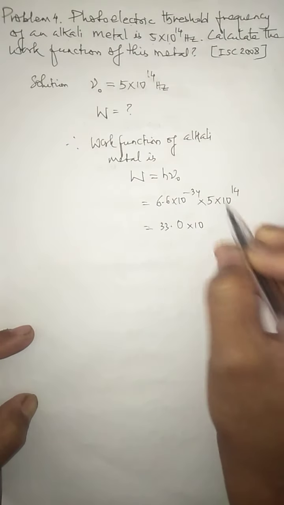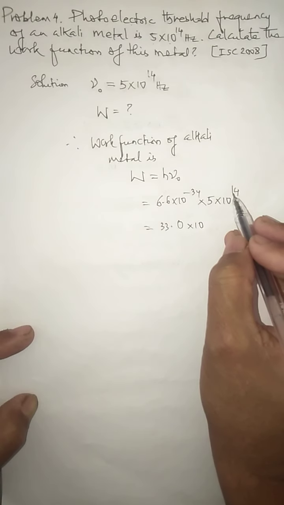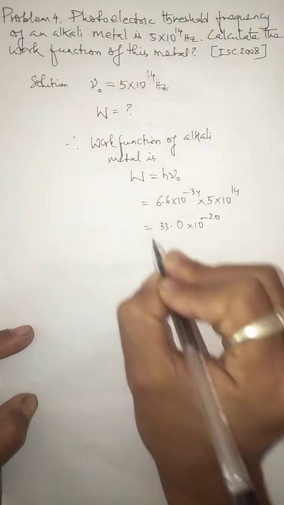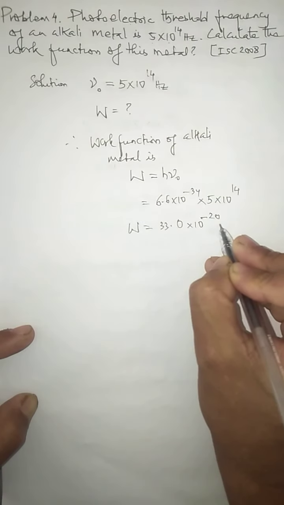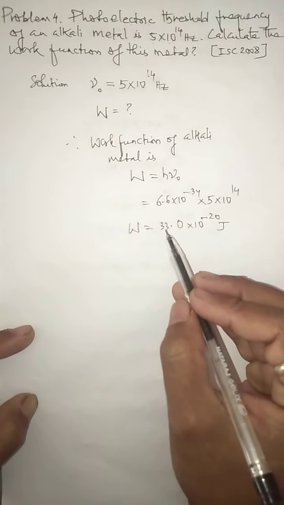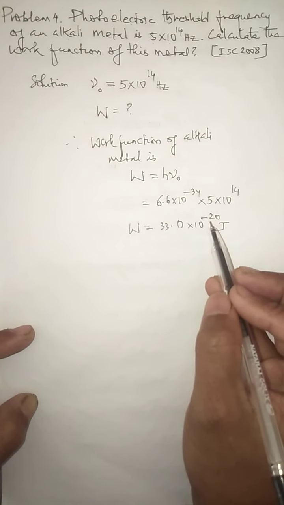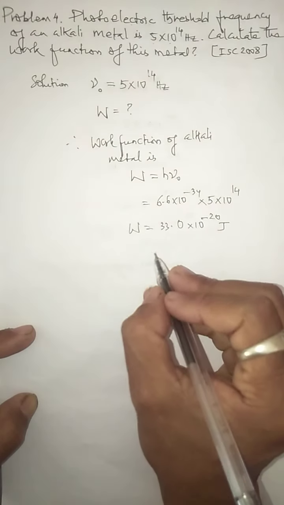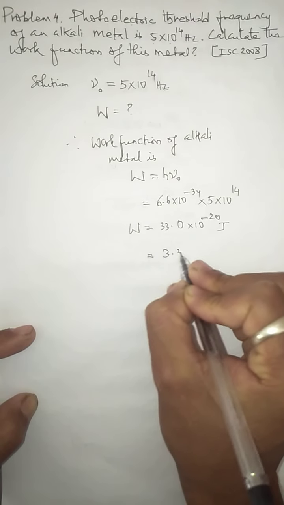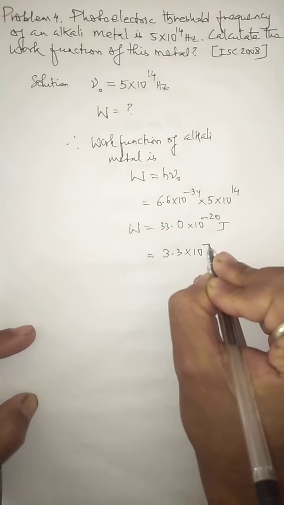Into 10 to the power minus 34 plus 14, which means minus 20. So this is the work function which is calculated in joule. It is 33.0 into 10 to the power minus 20 joule, and the value can be written this way also, 3.3 into 10 to the power minus 19 joule.